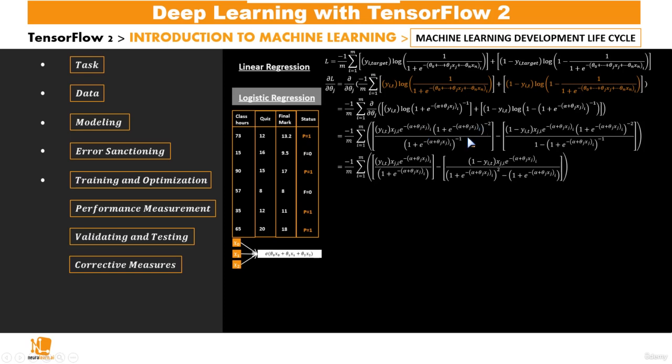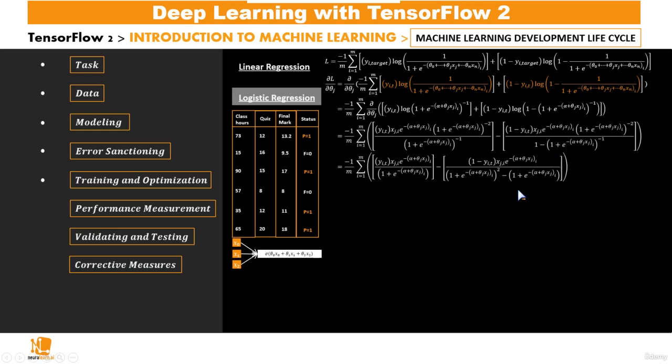And then down below, let's call all this big X. So we have big X to the -1 times big X to the power of 2. That gives us simply big X. So in this case, we have y_i^t x_j^i e to the negative (alpha plus theta_j x_j^i), all of that divided by 1 plus e to the negative (alpha plus theta_j x_j^i). That's what we have from simplifying this.